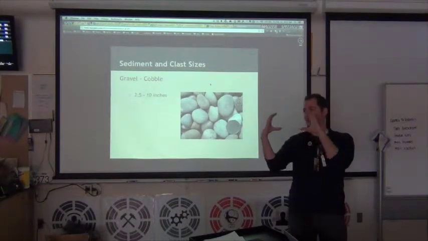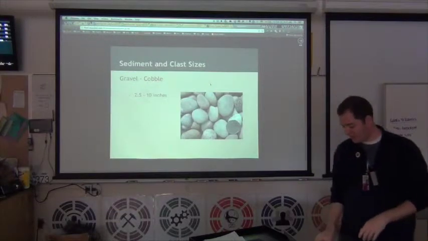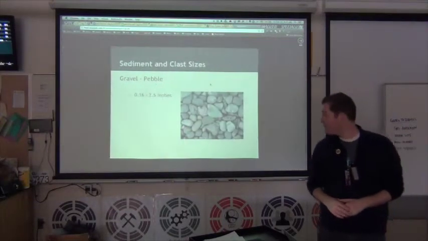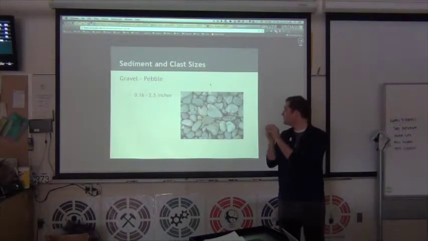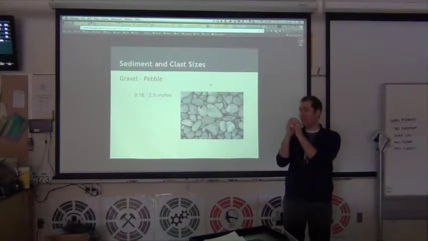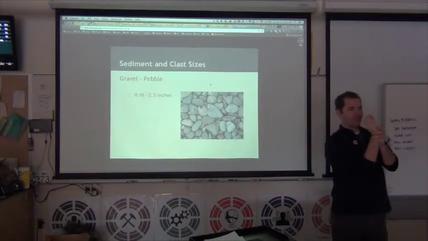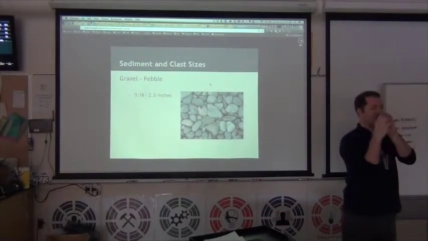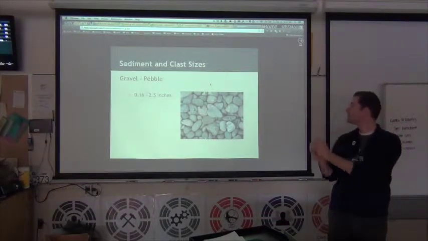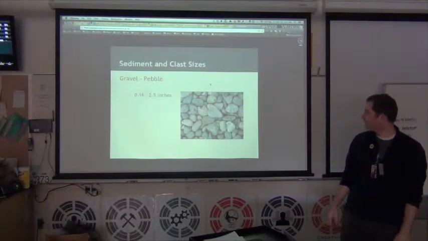Then we have gravel to a pebble. That's anywhere from that 2.5 inches down to 0.16 inches. So pretty small, between your fingers up to about 2.5 inches. We consider that gravel to pebbles.